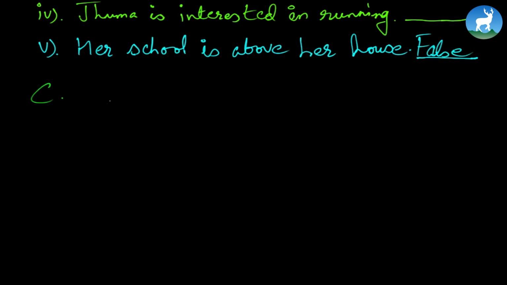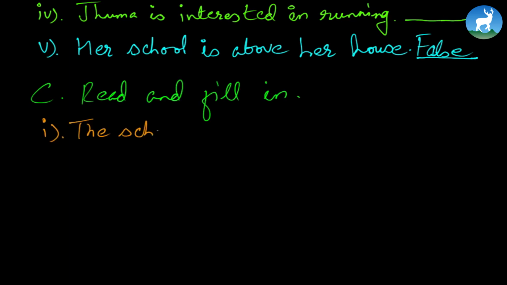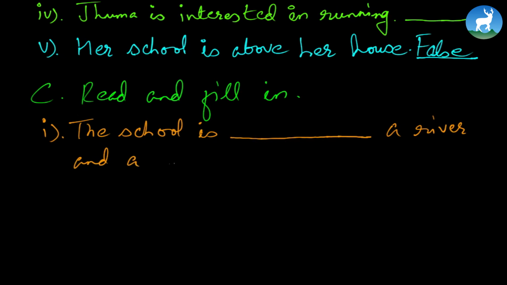Okay, number C. Number C says, read and fill in. This is more like fill in the blanks. So number 1, again, the answer lies right in the passage. Don't forget that. The school is blank a river, and there's a big blank. All right.